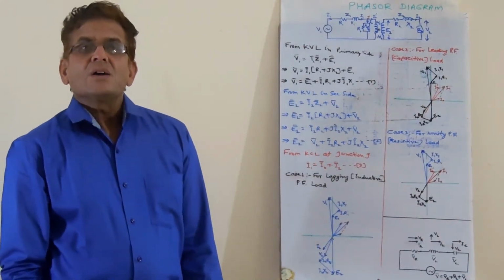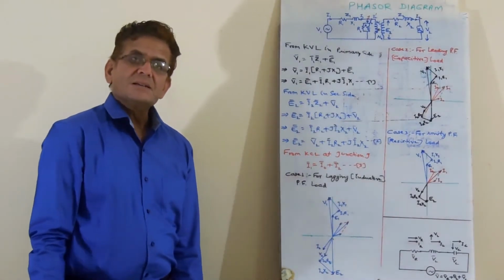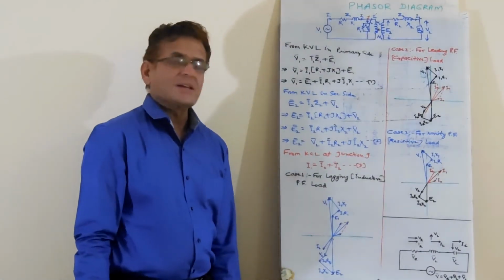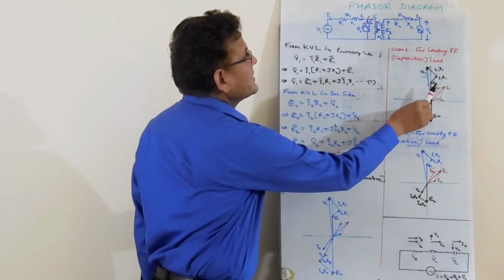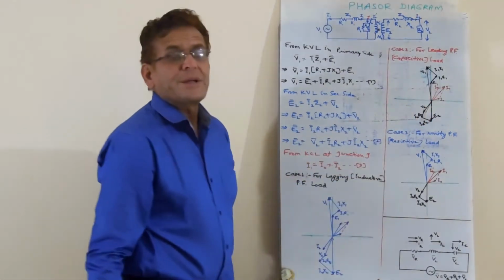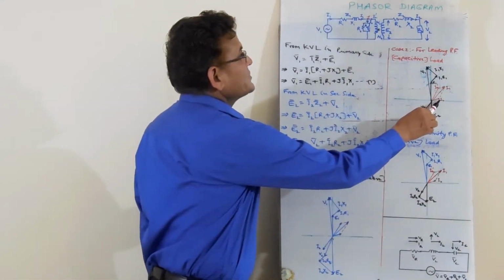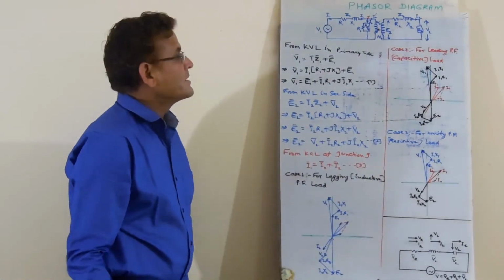Means load current leads the load voltage by some angle. That is called load phase angle. Again, I0 is no load input current, I2 dash is primary current due to load, and the vector sum of this I0 plus I2 dash is primary input current I1.